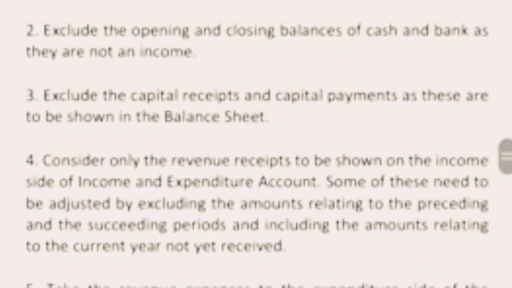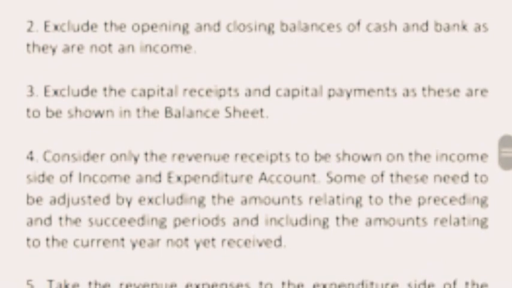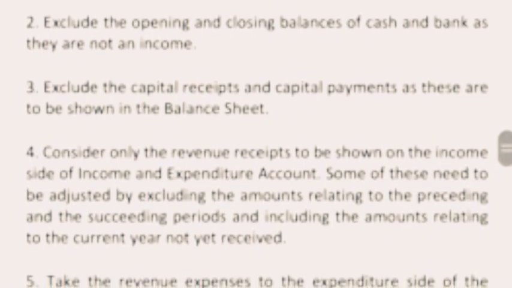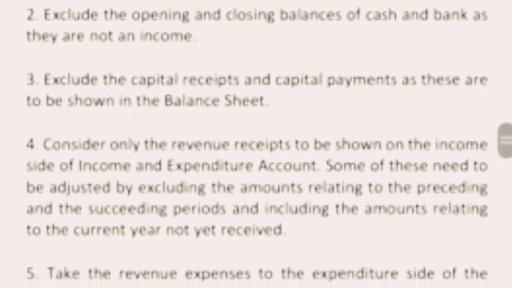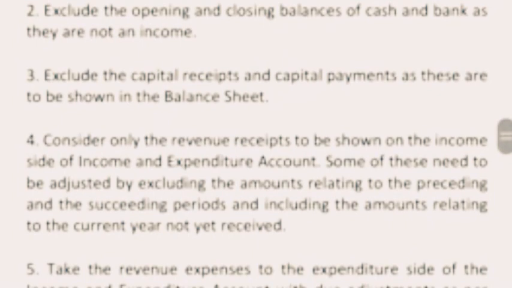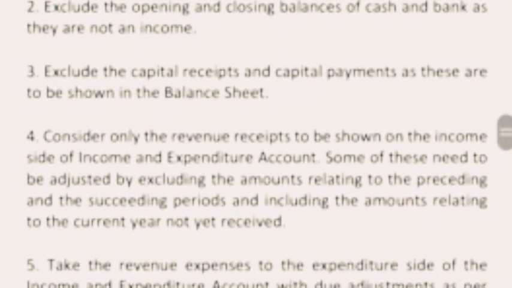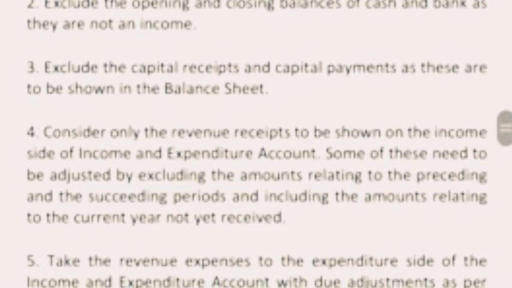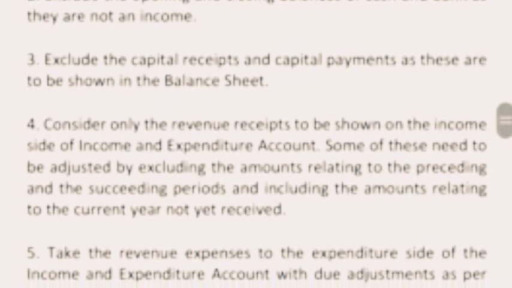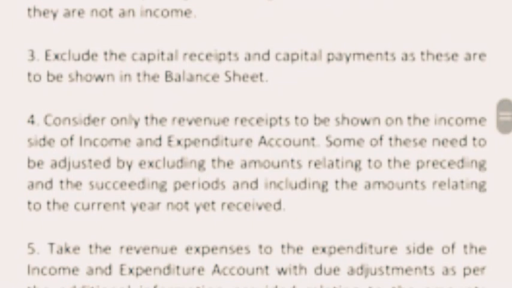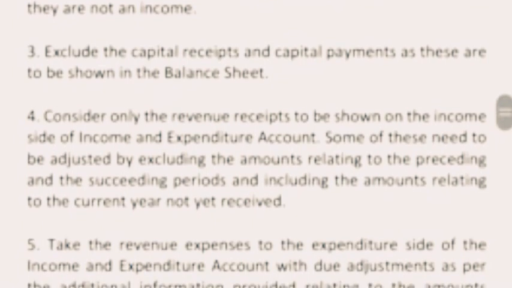Thus, after recording each and every income on the income side of the income and expenditure account and the expenditure on the expenditure side, we will find the total. The total needs to be calculated separately for income, and for the expenditure the total needs to be calculated separately.